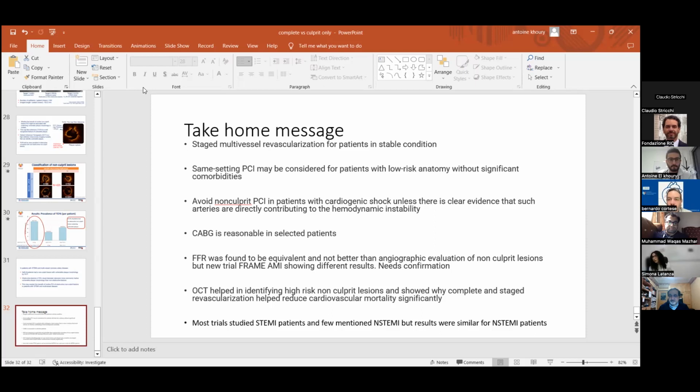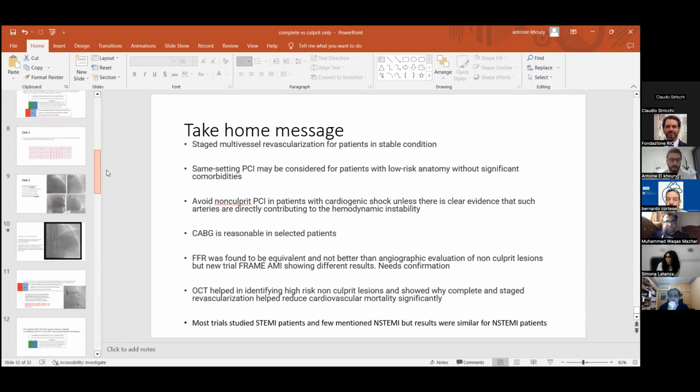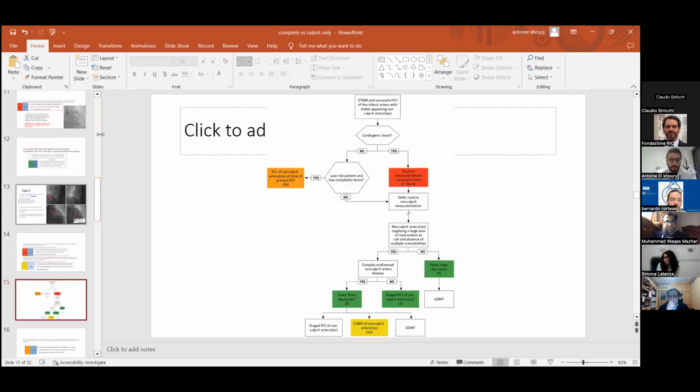I have a question regarding the staged PCI. I wanted to understand if the treatment of the non-culprit lesion is performed with a stent or if other treatments are allowed, specifically in the study that you have described before. Okay. You can use whatever device that you are experienced with. So that's a normal lesion.